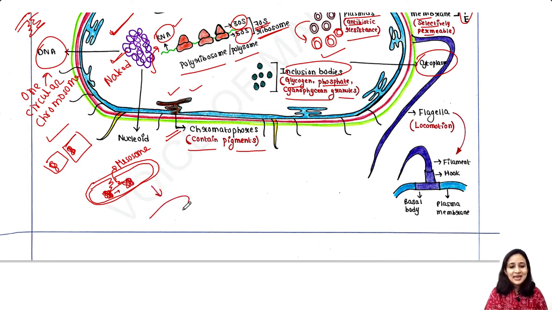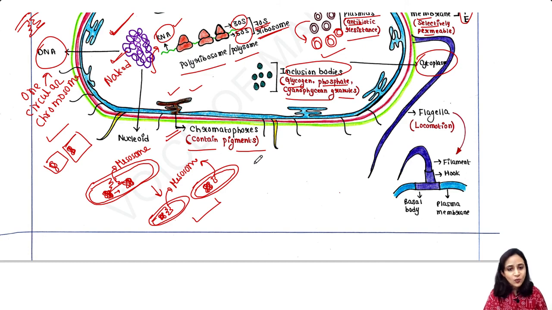Now, the cell divides. This cell and this cell, so two cells are formed. Each also has a mesosome, and the DNA is distributed like this. So the two new cells contain two circular chromosomes or DNA and mesosomes. In this way, mesosome helps DNA replication and especially distribution.